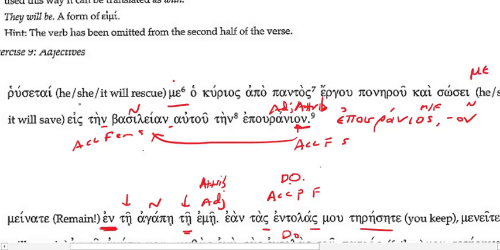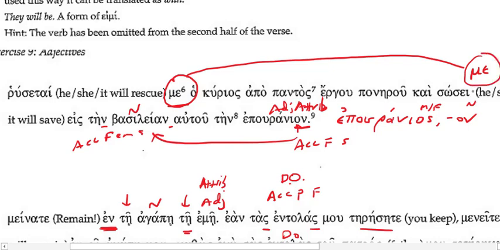But what you're going to find in Greek, and if you are godly enough to take Hebrew, I'm just kidding, is that when you have a word in a prior clause, and you could repeat it in the next one, oftentimes Greek and Hebrew will omit it.